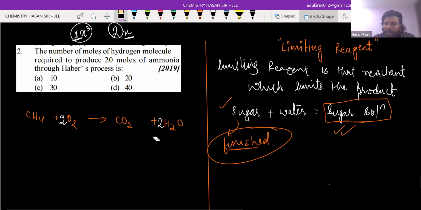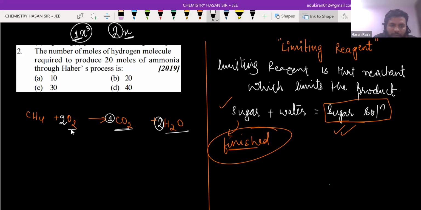In a chemical equation, we call it the stoichiometric coefficient. If I ask you the stoichiometric coefficient of H2O, that is 2. Of CO2, that is 1. Of O2, that is 2. Of methane, CH4, that is 1. Are you getting my point? Yes. This stoichiometric coefficient basically represents moles.